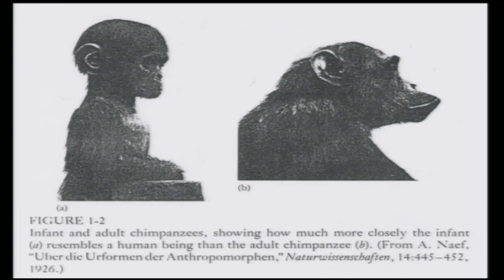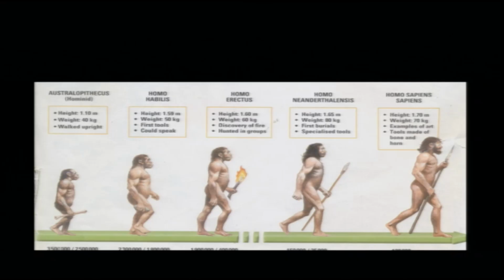Now, this is how the genetics unfolds. It is not that the environment has made the chimpanzee like this, or the human infant like this. This is the genetic program. So, we all know that genetics is nature.